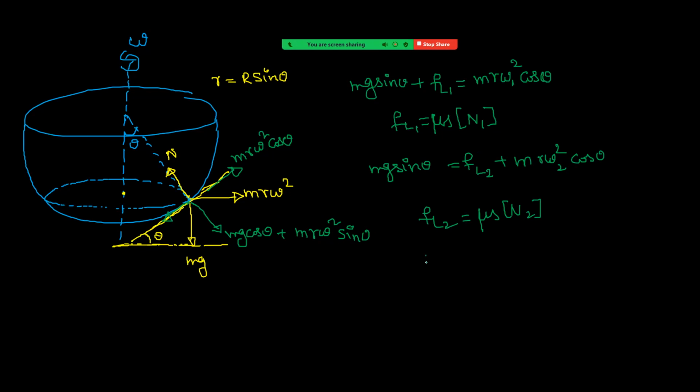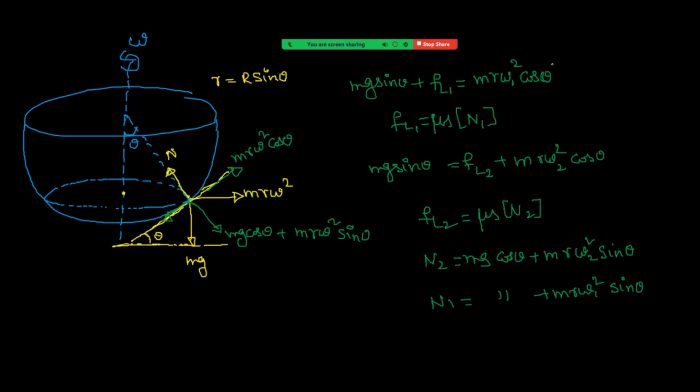N2 means mg cos theta plus m r omega 2 square sin theta, and N1 is the same, mg cos theta plus m r omega 1 square sin theta.